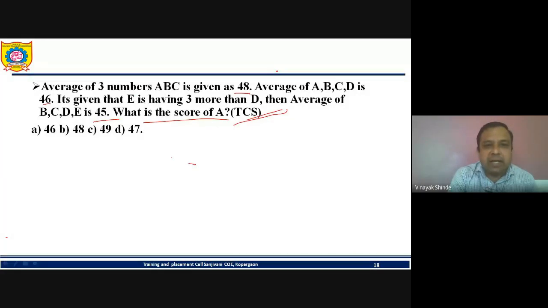The average of 3 numbers A, B, C is 48, means we can write A plus B plus C is equal to 48 into 3. Then the average of A, B, C, D is 46, means again 46 into 4. It's given that E is 3 more than D, then the average of B, C, D, E is 45. Then what is the score of A? That we need to find out. So if you go on simplifying the expression, you'll get the correct answer.